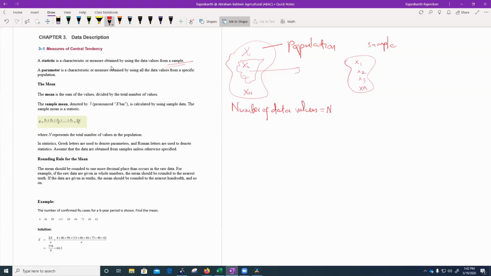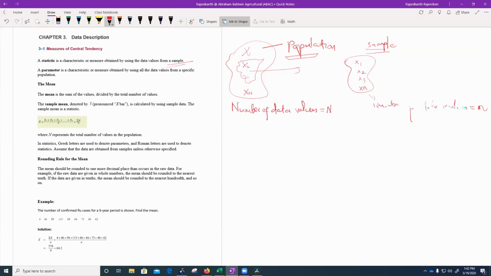So the number of data values here in the sample is little n. So these are the two things we need to look at.